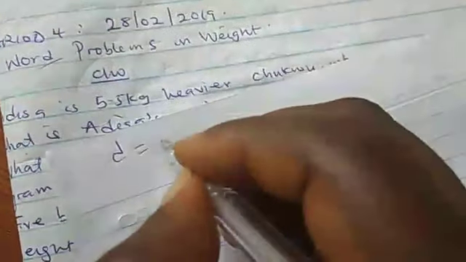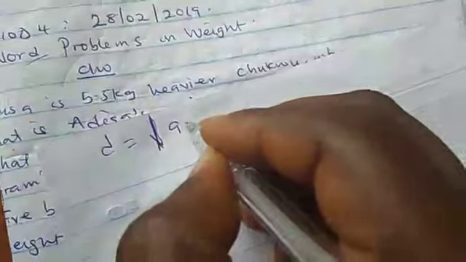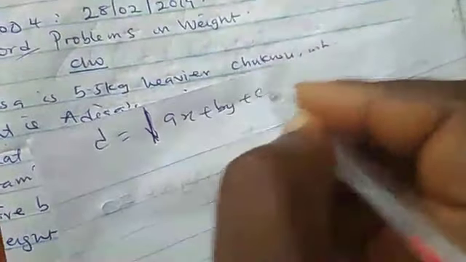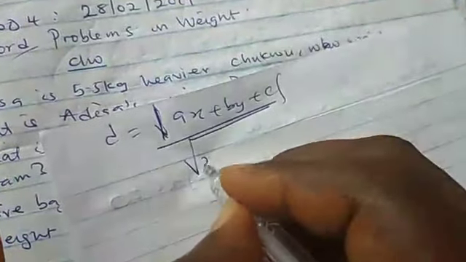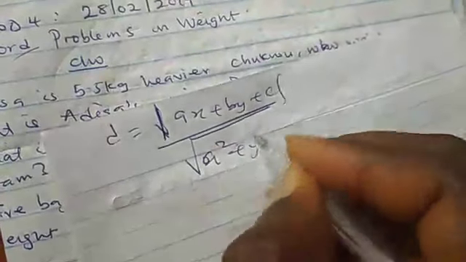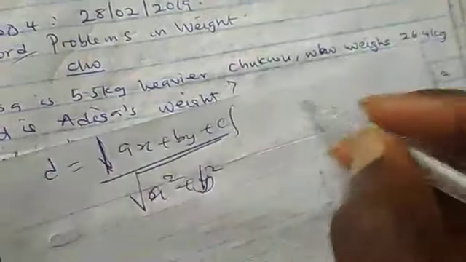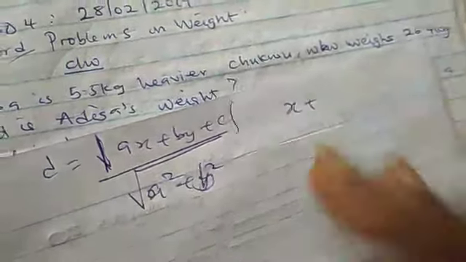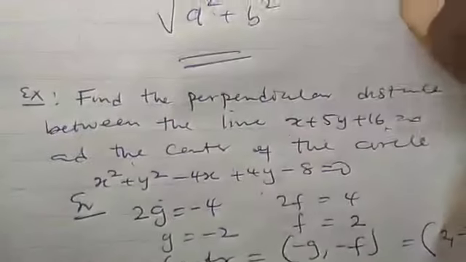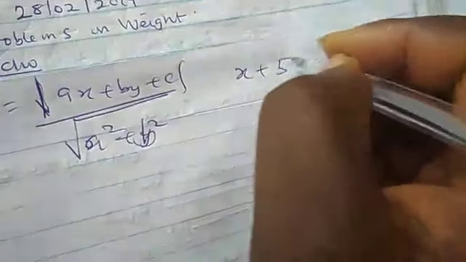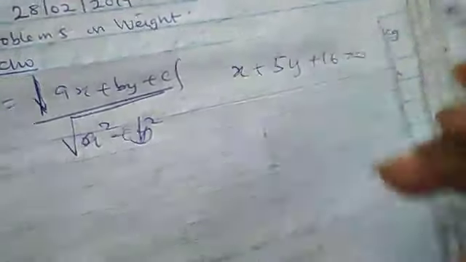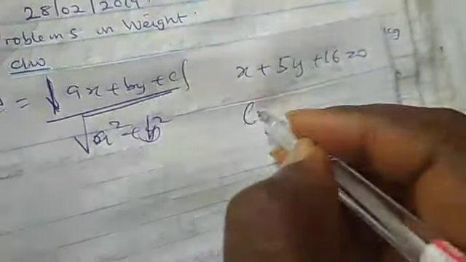Our answer is the absolute value of ax plus by plus c over the square root of a squared plus b squared. We are dealing with x plus 5y plus 16 equal to 0, and the center has been given to be this.